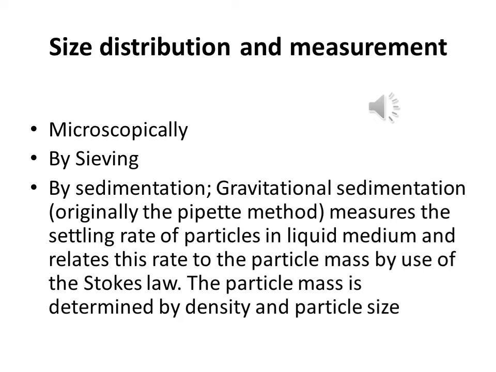There is what is called a micro ruler or eyepiece in the microscope, by which we can point to the two ends of the particle and measure its size. Or we can measure by sieving, using different sizes of sieves.